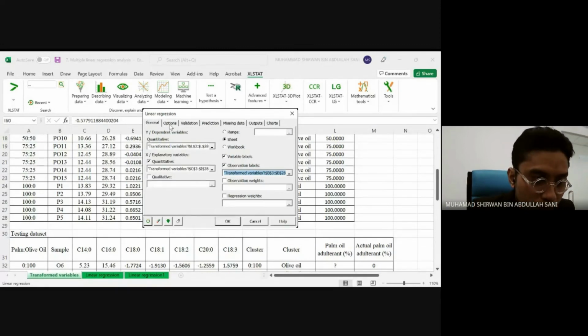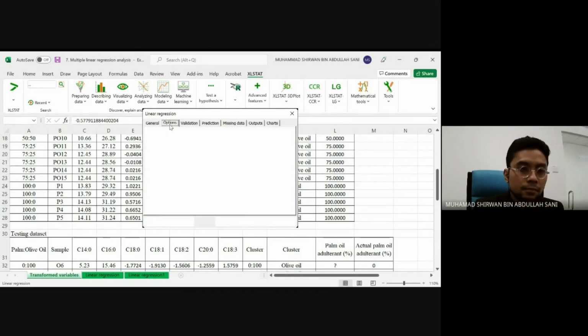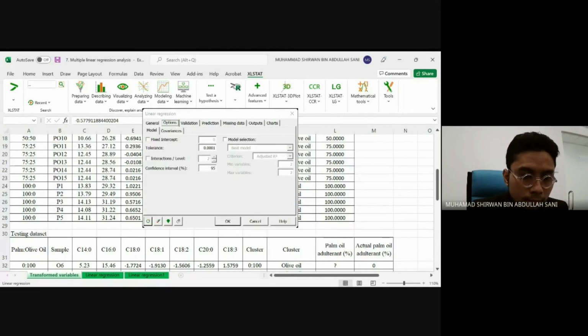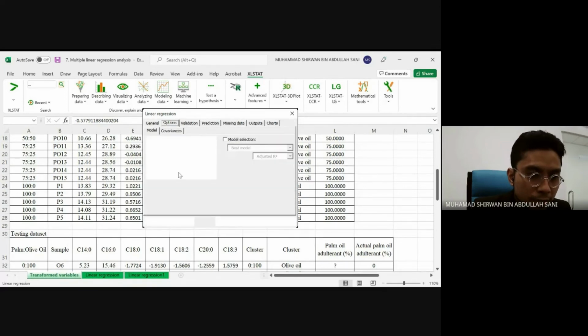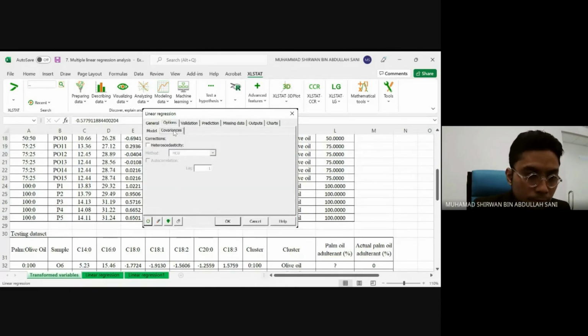Now go to options. Okay. Go to options for models. You just make sure the confidence interval is 95%. For covariance, let it be, don't do anything.